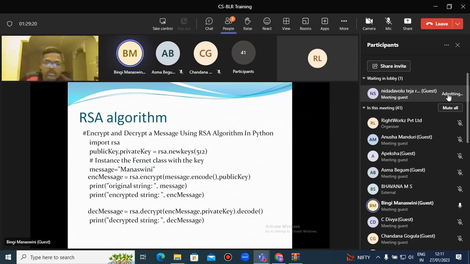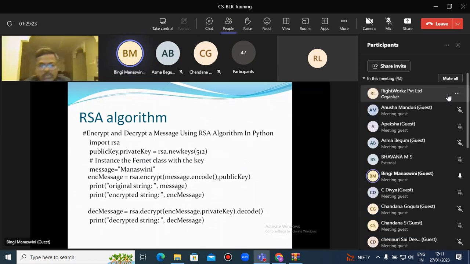Using the public key we do the encryption: enc_message is equal to rsa.encrypt of message.encode. We print the original string and the encrypted string. After completing the encryption, we decrypt the message and store it in dec_message. The rsa.decrypt method takes the encrypted message and the private key as parameters, and then .decode, and we will show the decrypted message.